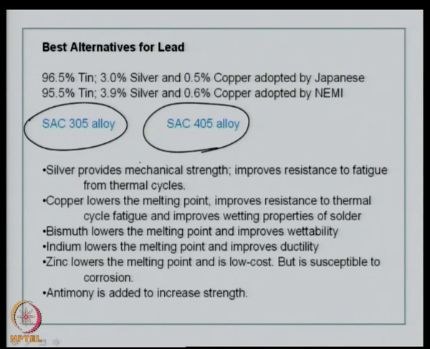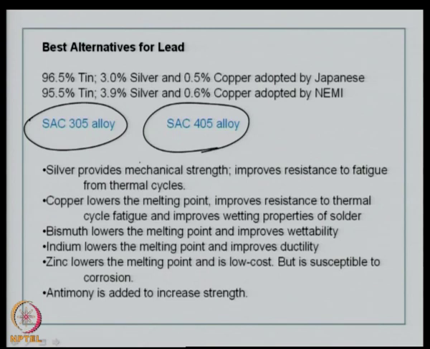So, it is more tin based. Lead is removed and replaced by silver and copper, adopted by the Japanese and being synthesized by major solder companies, and it is available in India and elsewhere, and is being extensively used for SMD assembly. The other one is SAC 405 alloy.